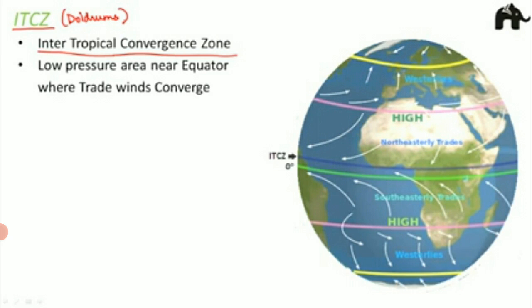In the summers, the low pressure area is towards the land, towards the north, so the ITCZ shifts towards the north. And in the winter season, the low pressure area is at the water, because water cools down quickly compared to land. So here the ITCZ will shift towards the south.